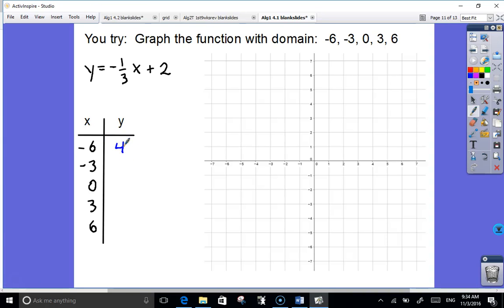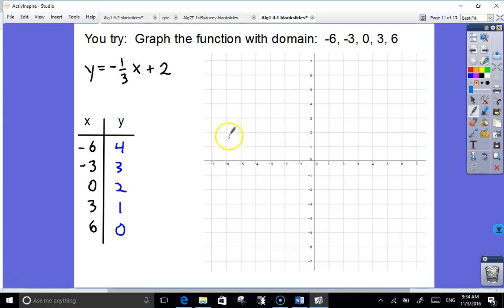Okay. How about, if x is -3, y is 3. If x is 0, y is 2. If x is 3, y is 1. And if x is 6, y is 0. So we graph all these points.